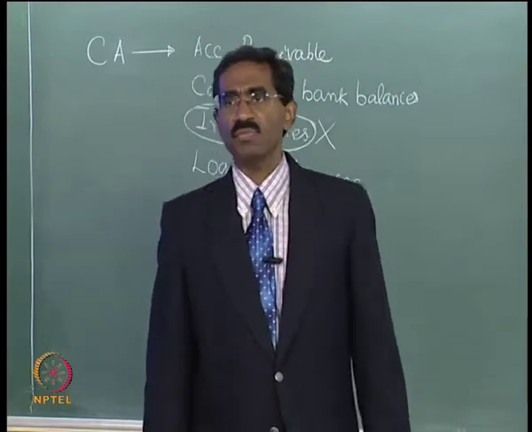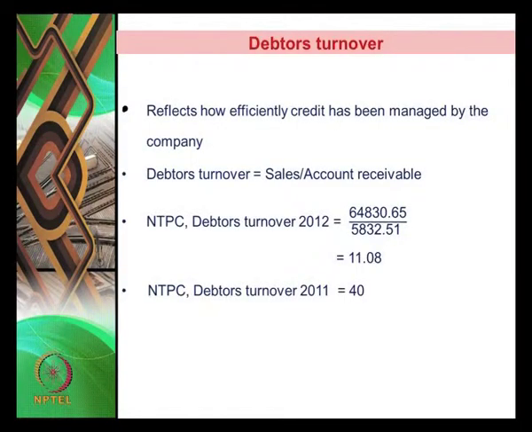So the expression for debtors turnover is sales upon accounts receivable, and for the year 2012 the debtors turnover is 64830.65 divided by 5832.51, and it is 11.08.